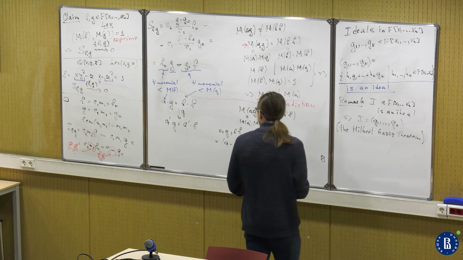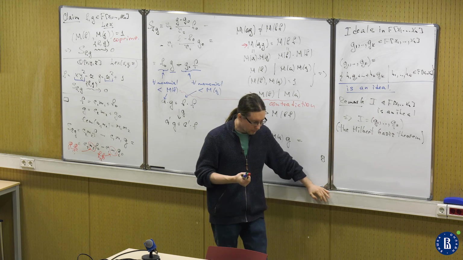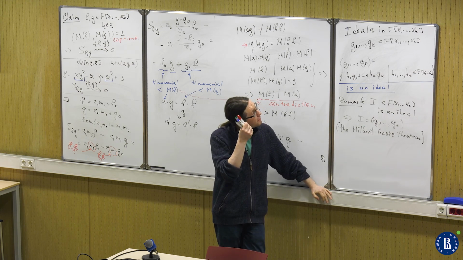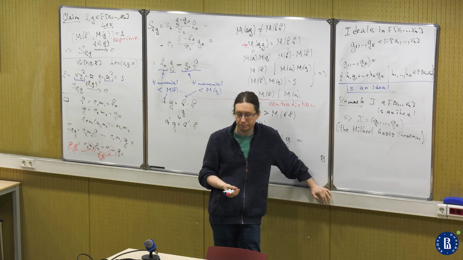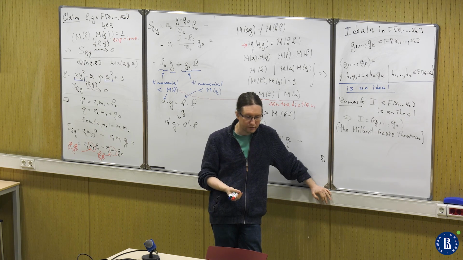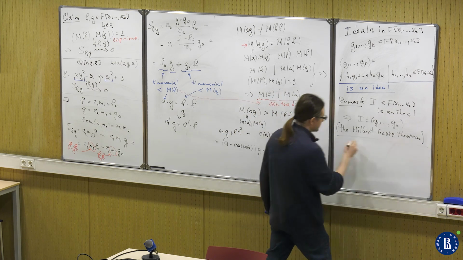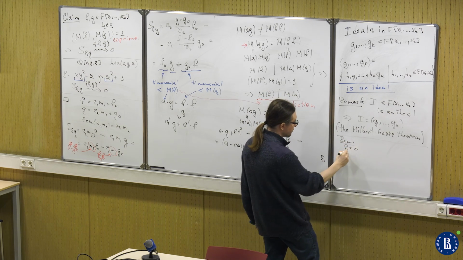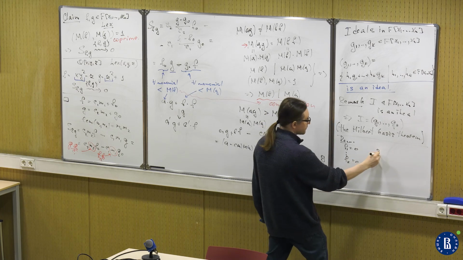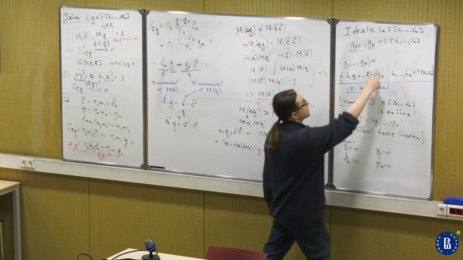Yeah, now, another thing that I want to say: why do we care about the ideals? Well, you see, we actually care about systems of polynomial equations. Let's say we have one system of polynomial equations and another system of polynomial equations, where f's and g's are all here.